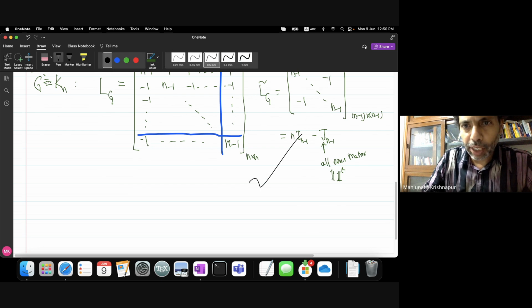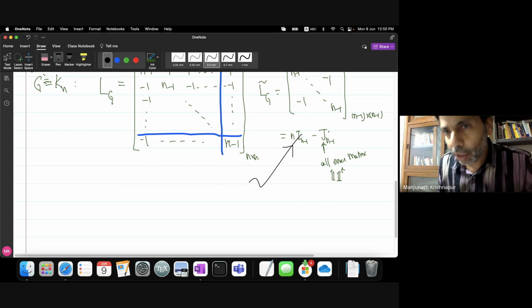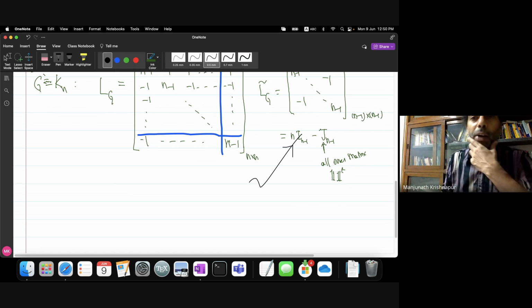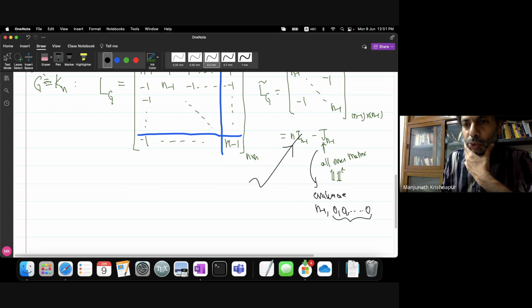Well, you can directly find the determinant, but you can even find the eigenvalues. Because Jn minus 1 is a rank 1 matrix, the eigenvalues of Jn minus 1 are n minus 1 and all the rest are 0. All the other eigenvalues are n minus 2 zeros.